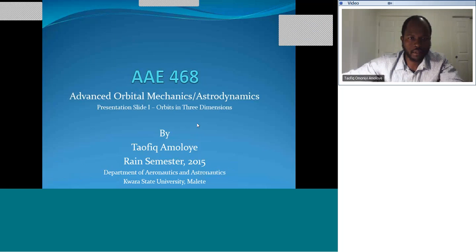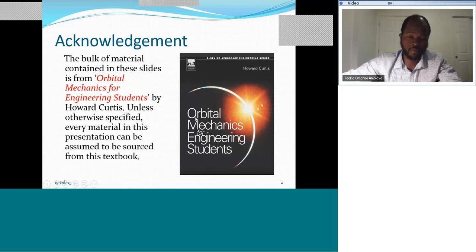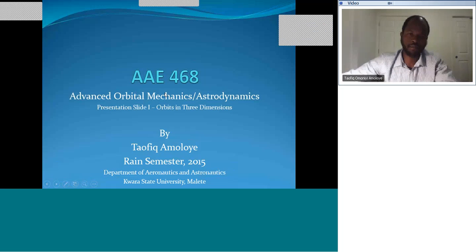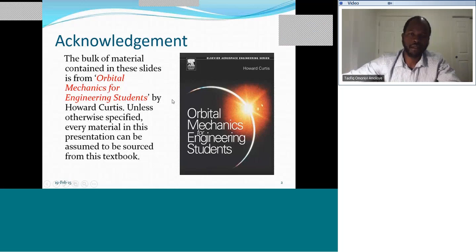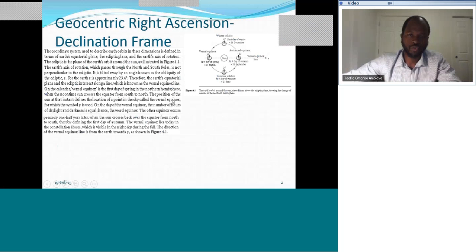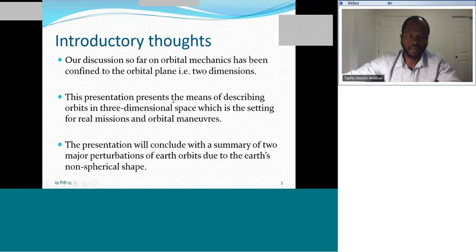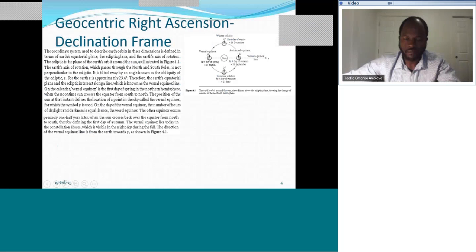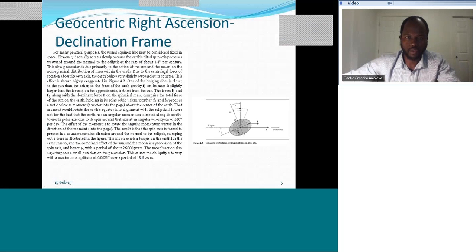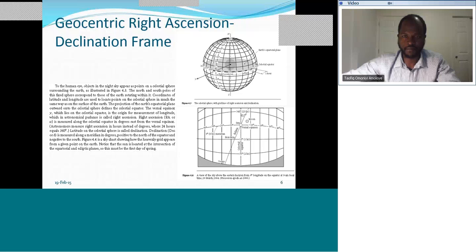From our previous classes, we started talking about orbits in 3 dimensions, and we went through the concept of the celestial sphere, and we talked about the right ascension and declination frame.